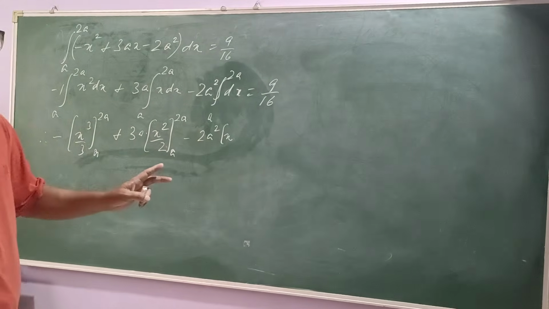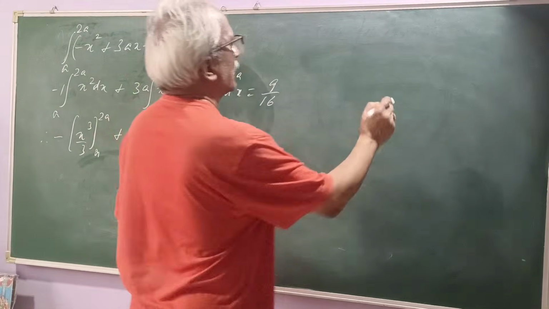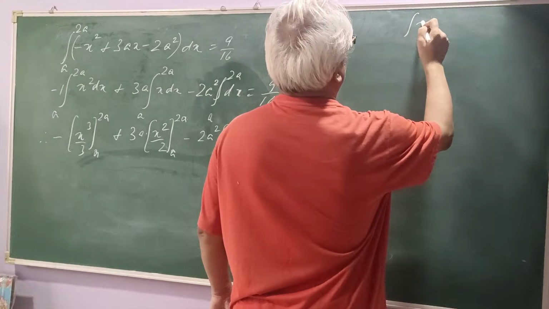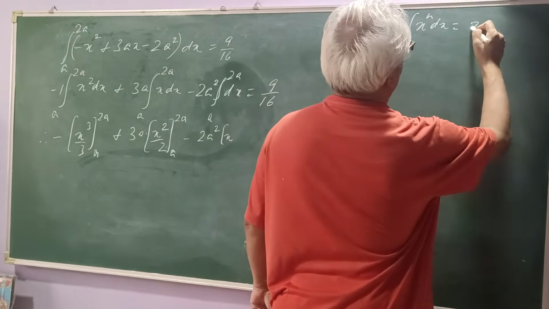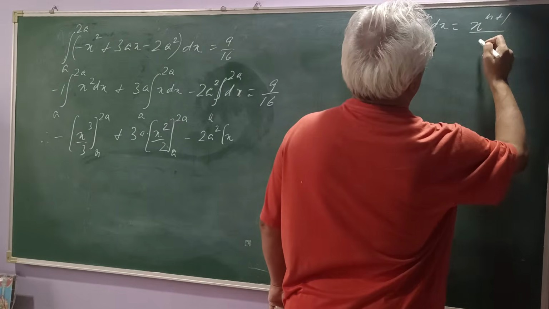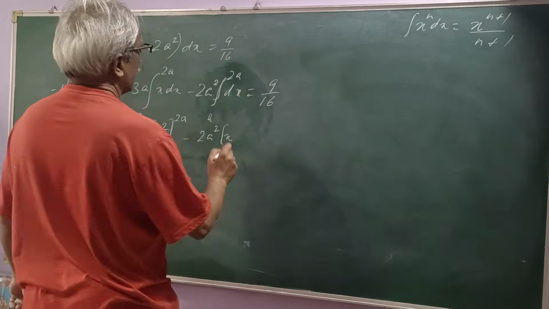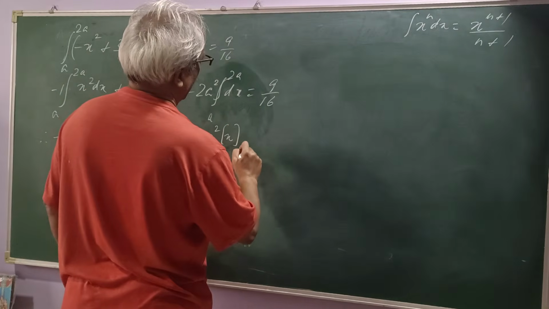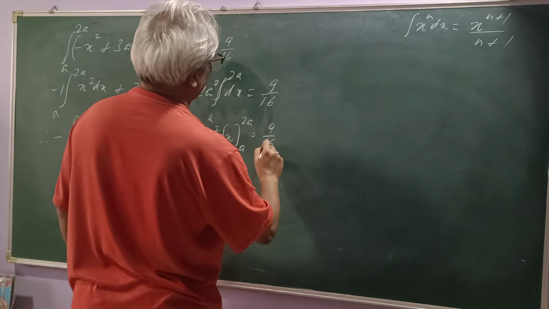Integral dx is x. Integral x is x square by 2. The formula, as you know, is integral x raised to n dx is x raised to n plus 1 over n plus 1. Limits a to 2a, that's equal to 9 over 16.